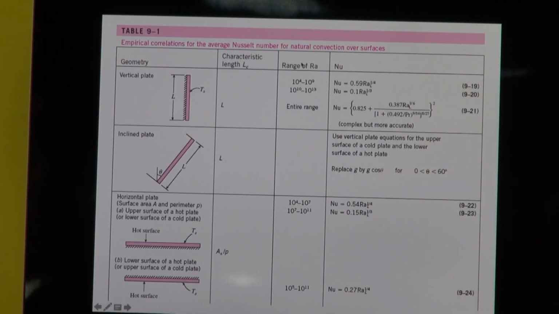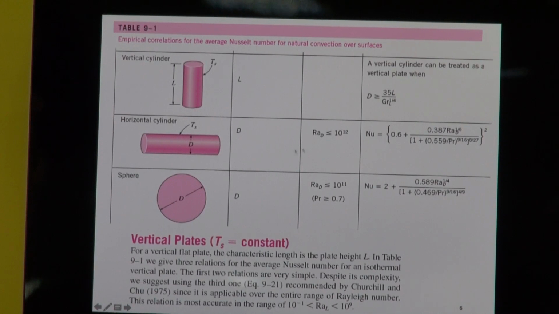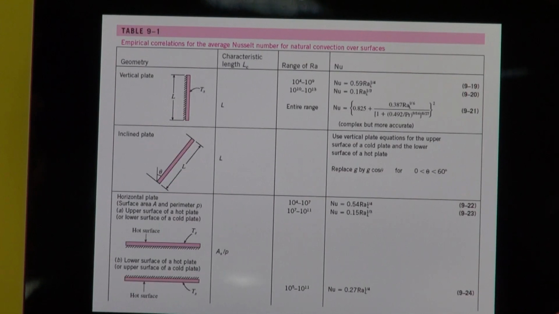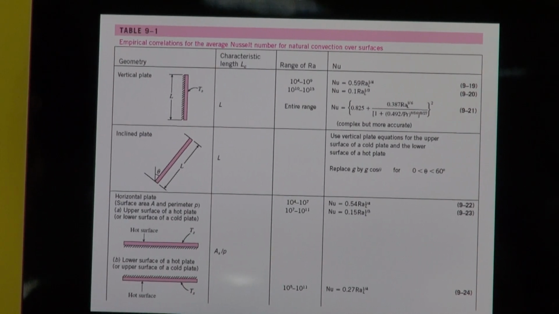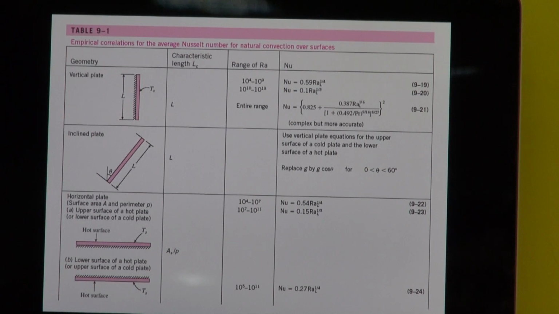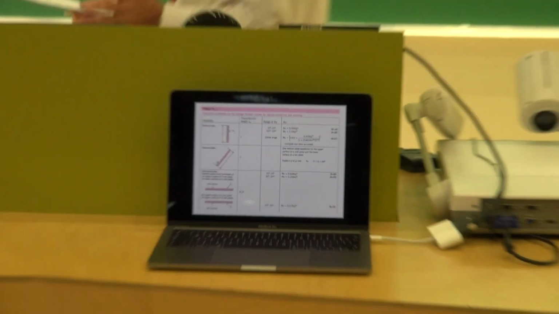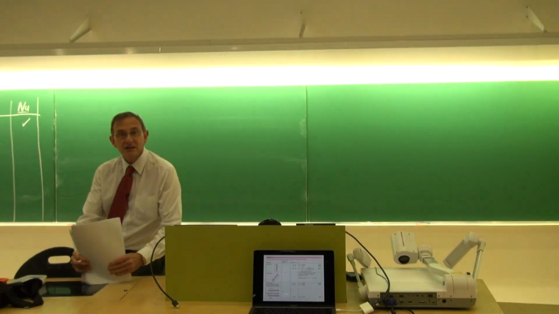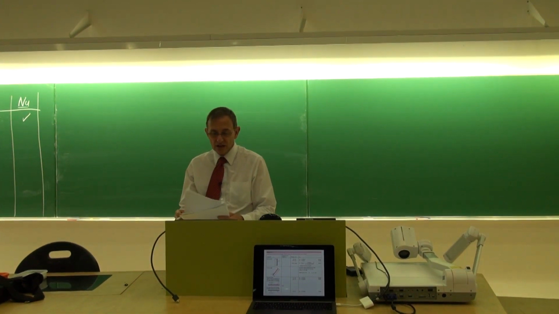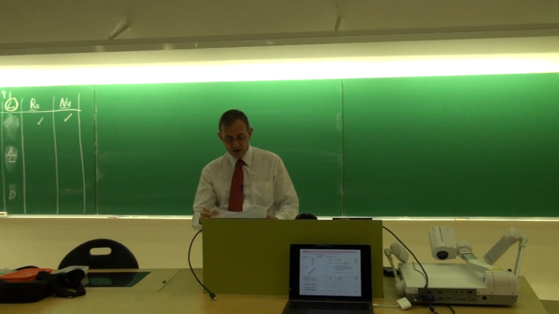Okay, and there's the Rayleigh number range, the Nusselt numbers, and then there are three more geometries of which all the values are given like that. These geometries are just some of the simplest which are available in literature. There are many more, but if you are interested in other types of geometries, then you have to go and look in the literature for it.